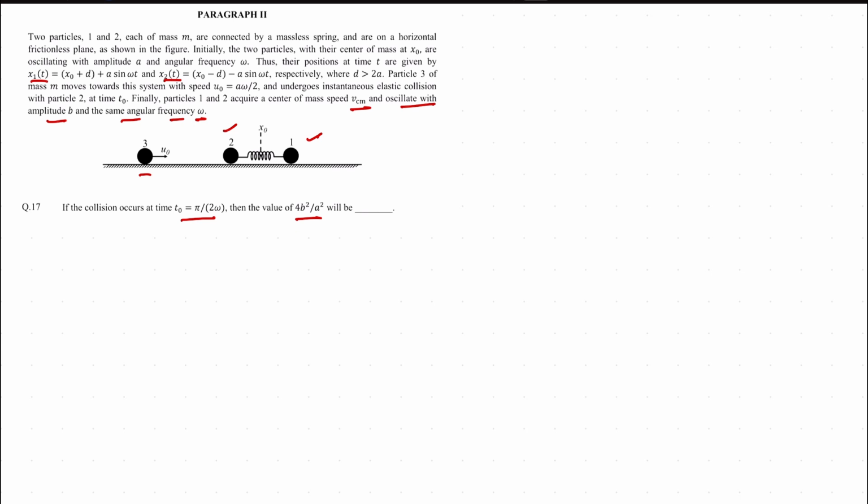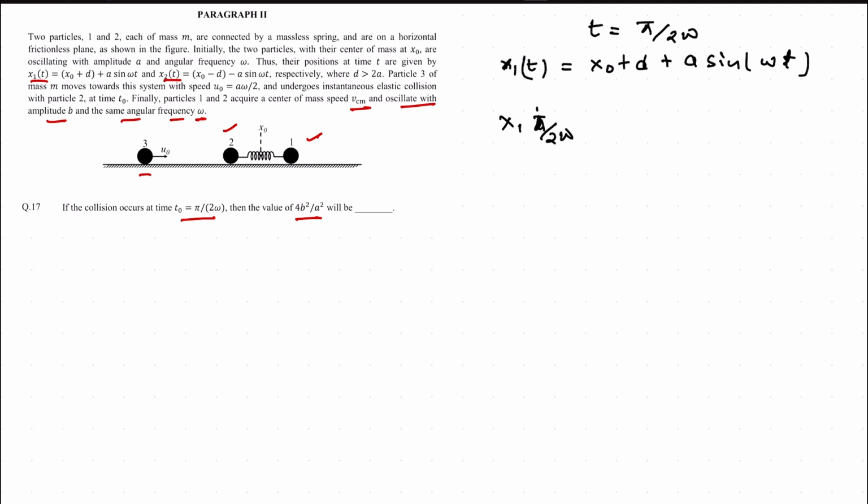All right. So what I'm going to do is differentiate these values. At the same time, let's first find out the values. x1 of t is x0 plus d plus a sine omega t, and t is given as pi by 2 omega. So x1 at pi by 2 omega would be x0 plus d plus a, since the sine value is 1.